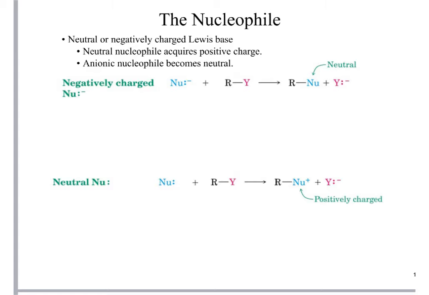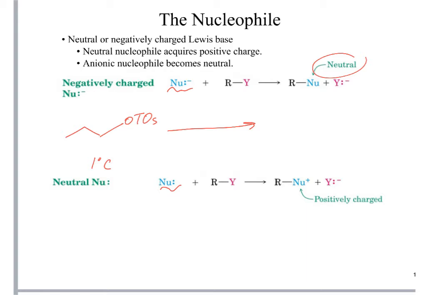Let's now take a look at the nucleophile. We can have either a negatively charged nucleophile or a neutral nucleophile. So if we start with a negatively charged nucleophile, we end up with a neutral product. For example, if I have a primary alkyl tosylate reacting with a cyanide ion, which is a potent nucleophile.